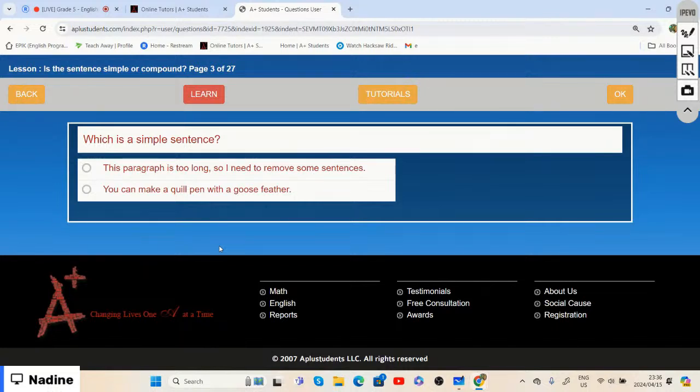Remember, a simple sentence has one subject and one predicate. A compound sentence has two simple sentences that are joined by a conjunction.